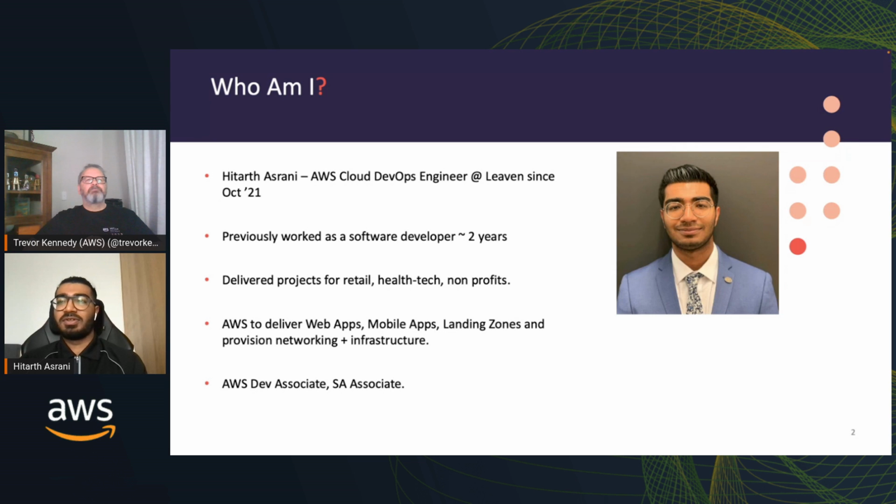Well, delivering, kind of still in the game. I've used AWS so far on the production side to deliver web apps, mobile apps, landing zones, and provision a lot of networking and infrastructure resources. And I'm certified as an AWS Developer Associate and an SA Associate.